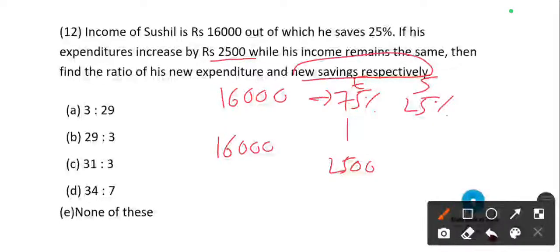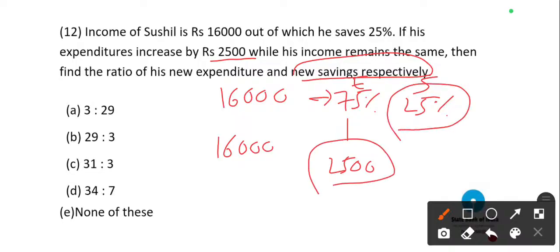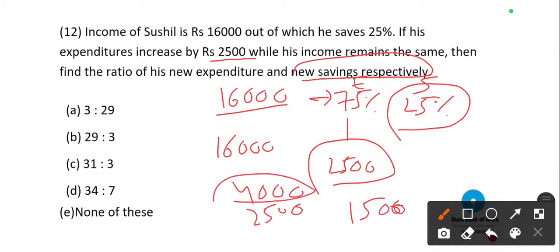His new savings will be 25% minus 2500. 25% of 16,000 is 4,000. 4,000 minus 2500 will be his savings. So his savings now is 1500. Initially his savings is 4,000.